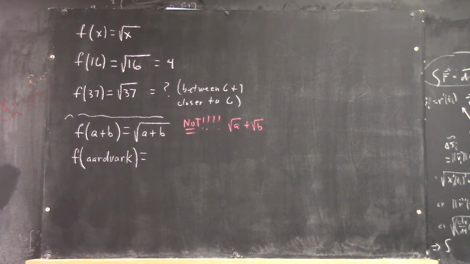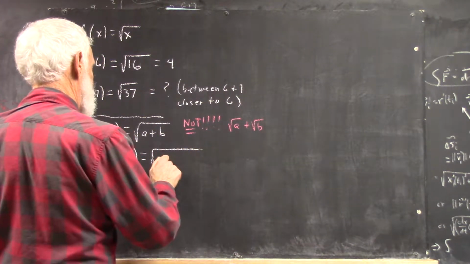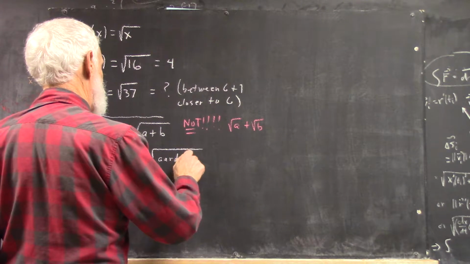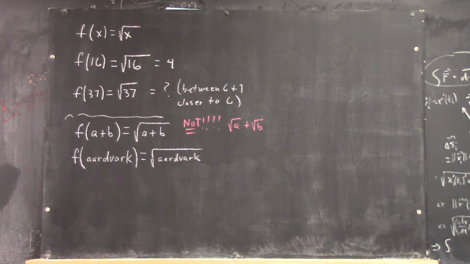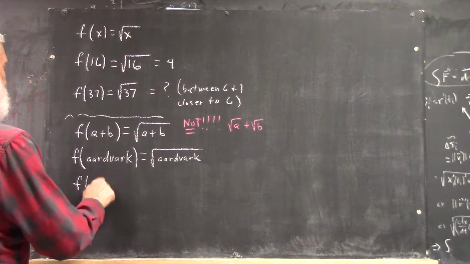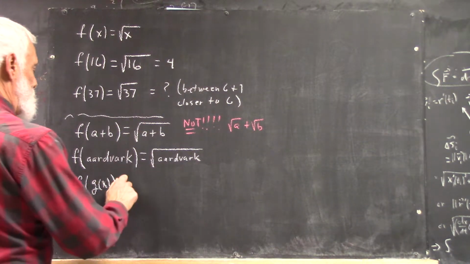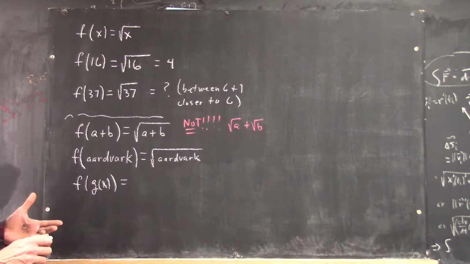What's f of aardvark? It equals the square root of aardvark. The square root of aardvark, right? What's f of g of x? Square root of g of x.